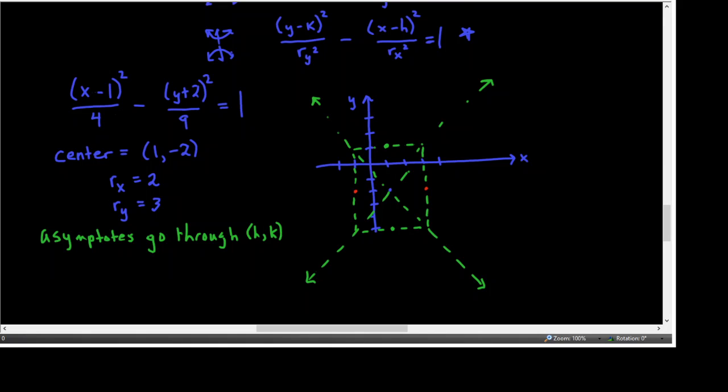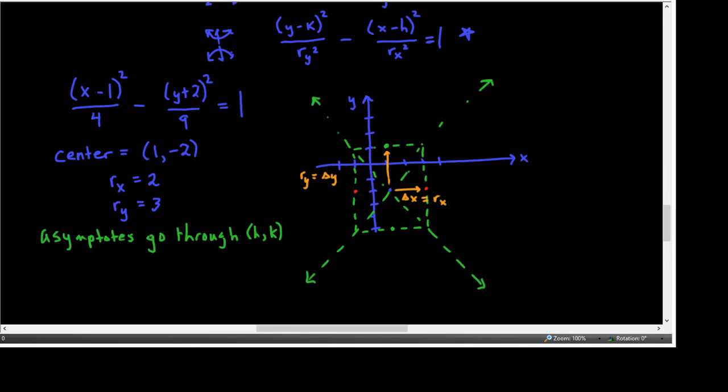Okay. Now, an interesting thing I want you to see here is that the distance we went from the center up to that point is our change in y, and the distance we went from the center to that point is our change in x, what I called r sub y and r sub x.